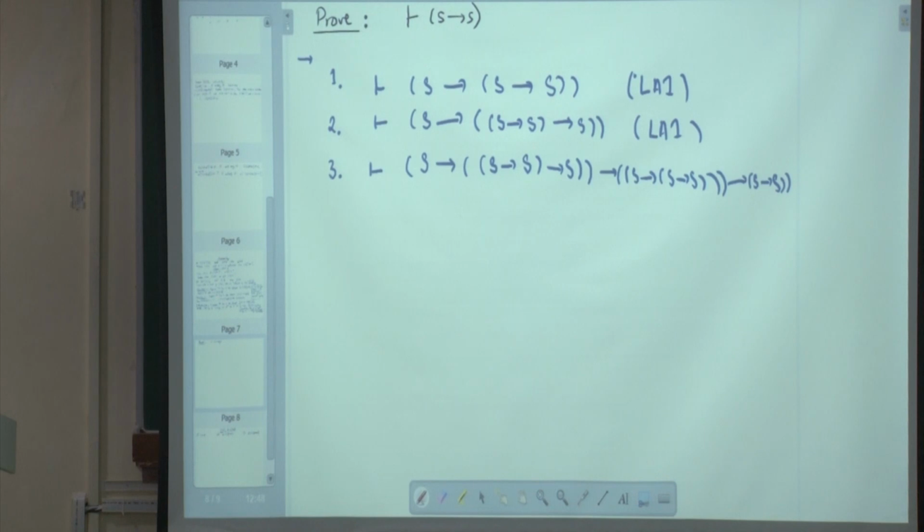Make sure you parenthesize them appropriately. Now just apply 2 MPs. I do not know any shorter proof.